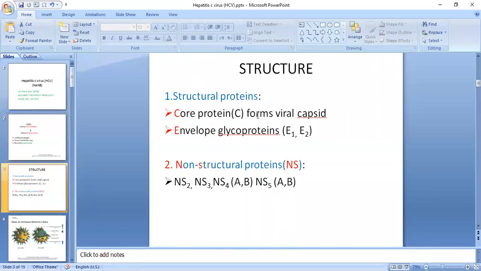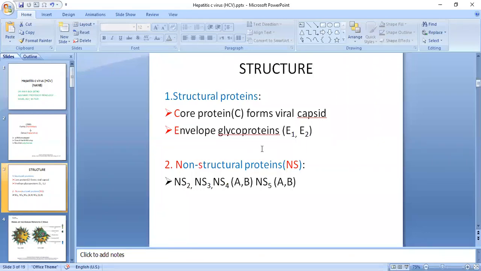The structural proteins are the core protein, known as the C antigen, and the envelope glycoproteins, the E antigen. Core protein is a viral capsid protein, and E is for envelope. So E determines the envelope, C determines the capsid.